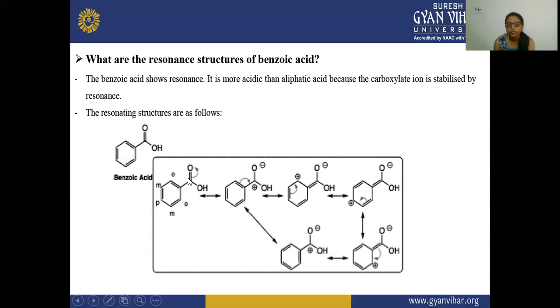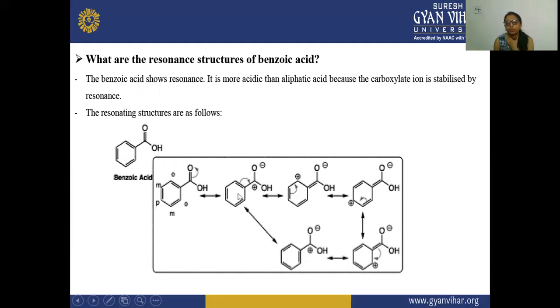Here you will see that this oxygen, which is electronegative, will withdraw electrons from this carbon, and the carbon will get a positive charge. To stabilize this positive charge, the double bond will shift toward this carbon.